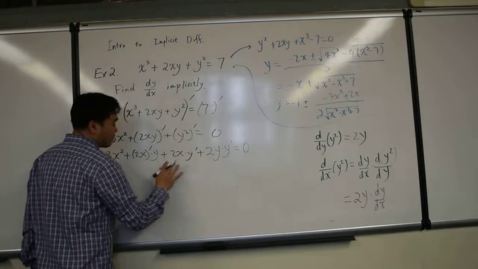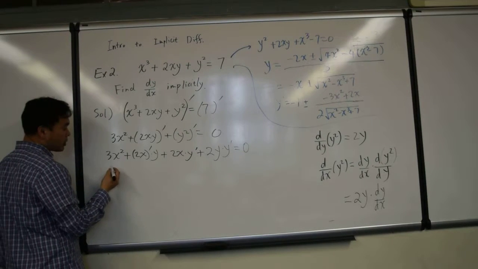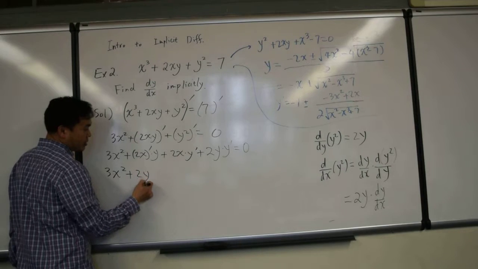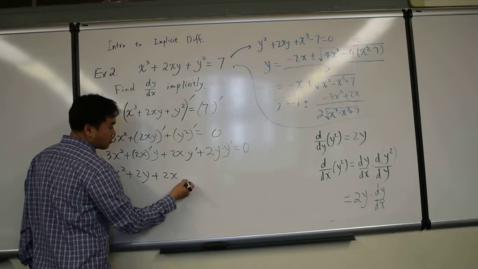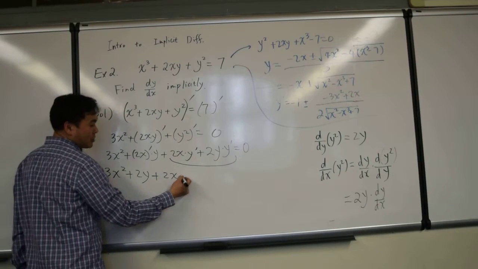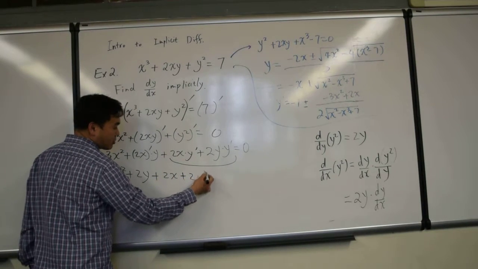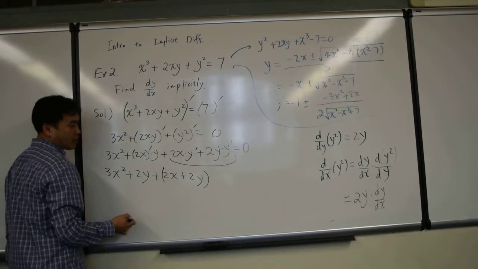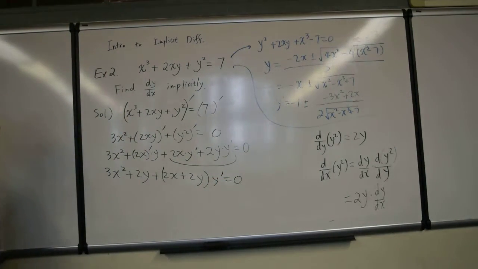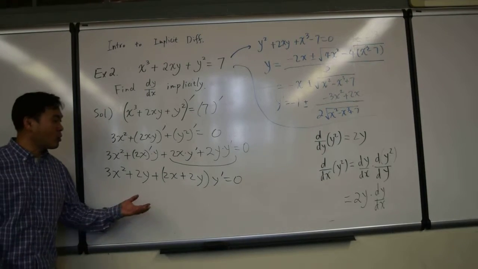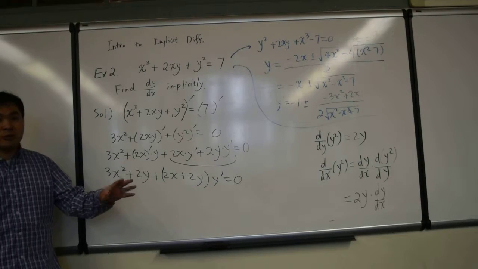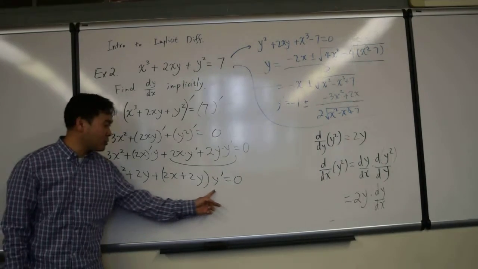All right, so we have this, and we get 3x squared plus 2y plus 2x y prime. And by the way, these two have y prime in common, right? So let's factor the y prime. So the way you solve for y prime is the following. You just put everything to one side and just gather the y primes.